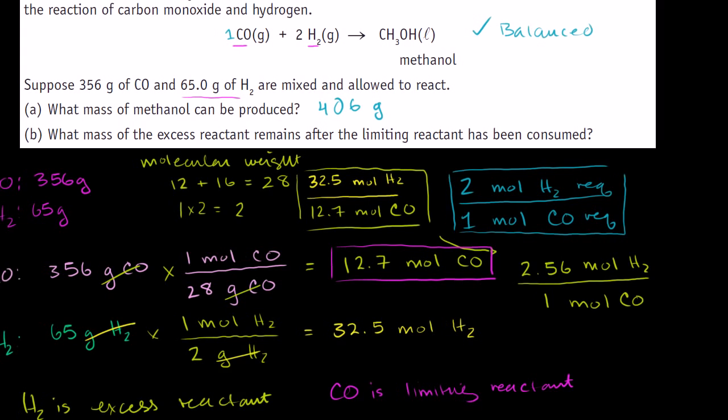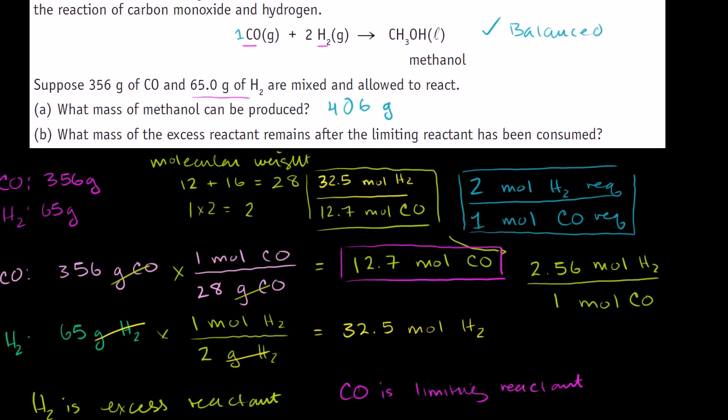So we started off over here with, let me be careful, 356 grams of carbon monoxide and 65 grams of hydrogen, and we were able to produce 406 grams of methanol.